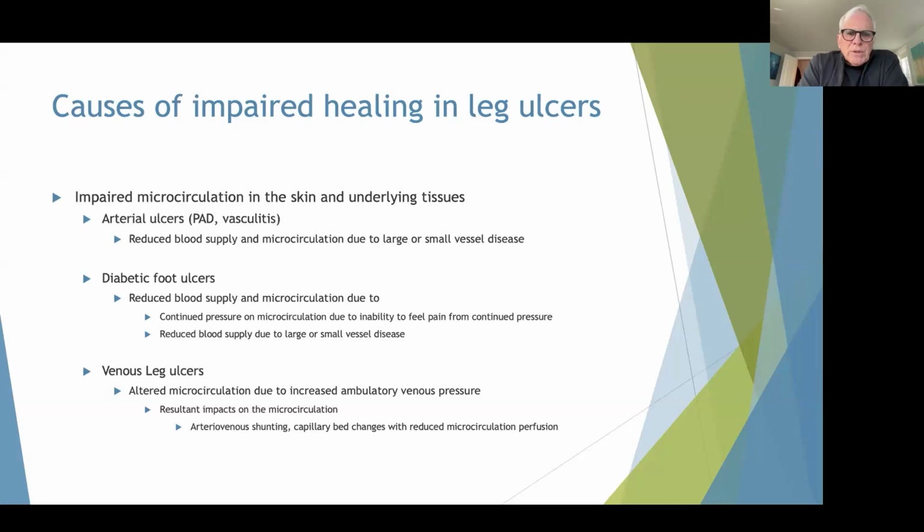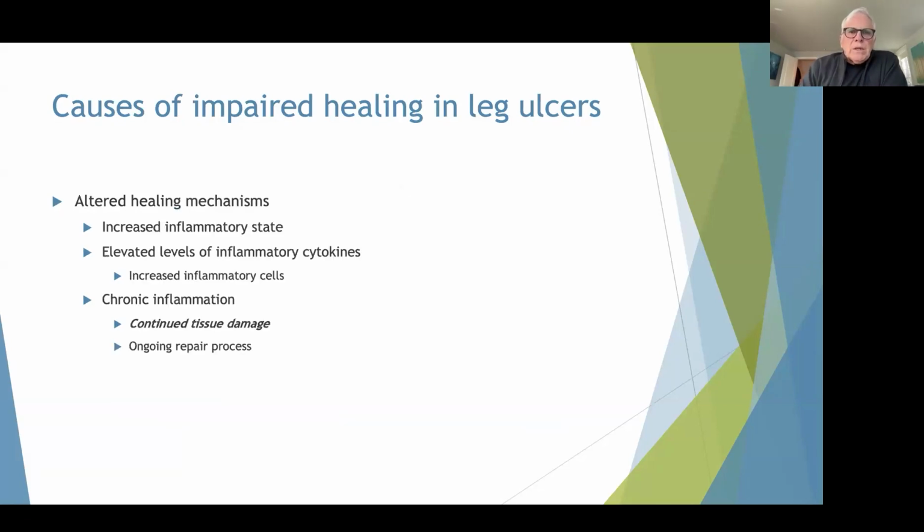With venous leg ulcers, it comes from a different mechanism. So there is a problem with ambulatory venous hypertension, or venous pressure, which I'll explain in a little bit. And this leads to problems in the microcirculation and ultimately problems with wound healing.